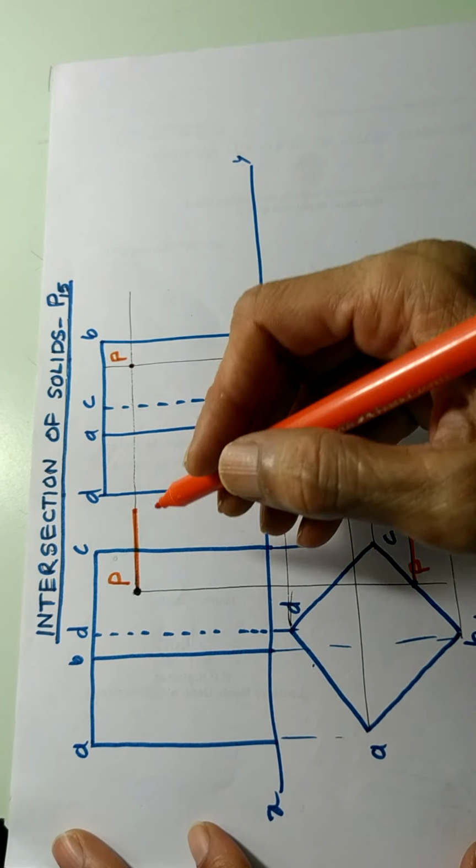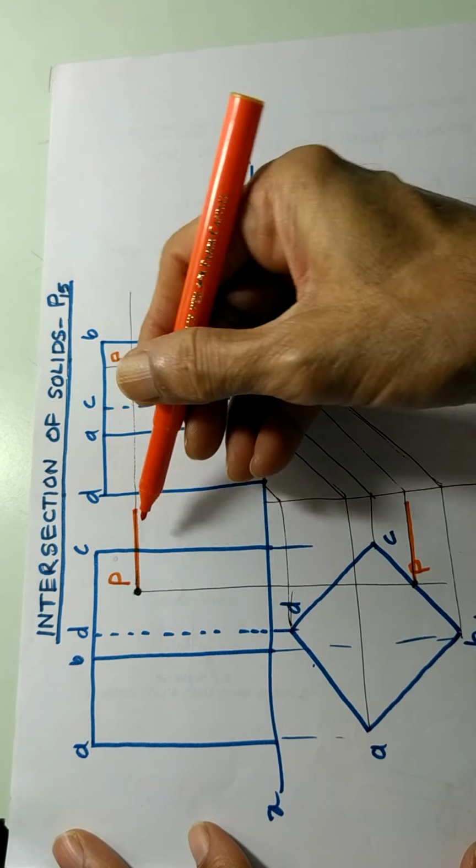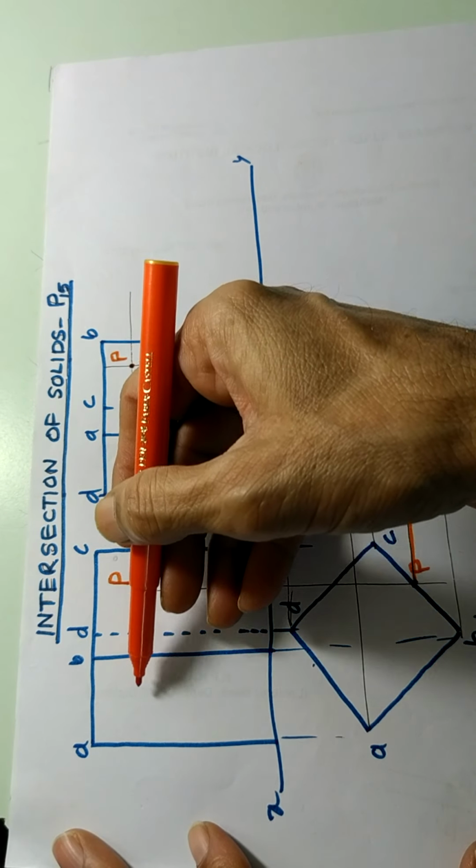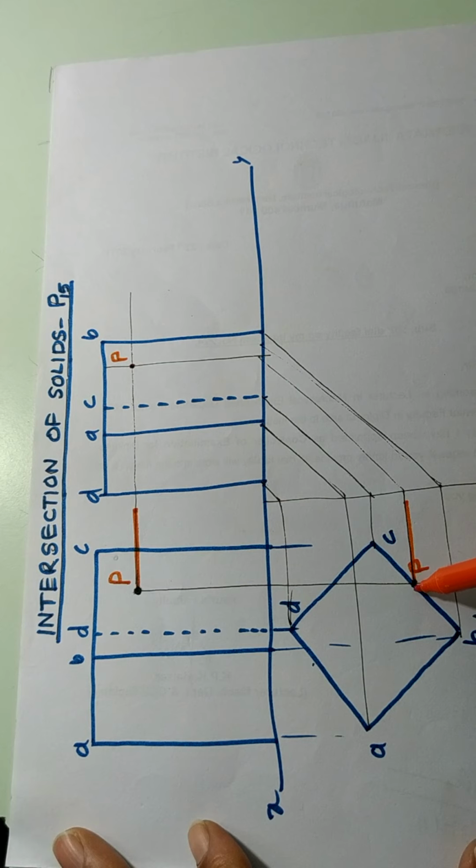Now we will extend further. What we will do is, we will extend this line further, and what will happen is, if you extend the line further, then it will go inside the prism. So this line will go inside the prism, and then it will come out from here. So if we make that attempt, what will happen? I will draw here. Right?